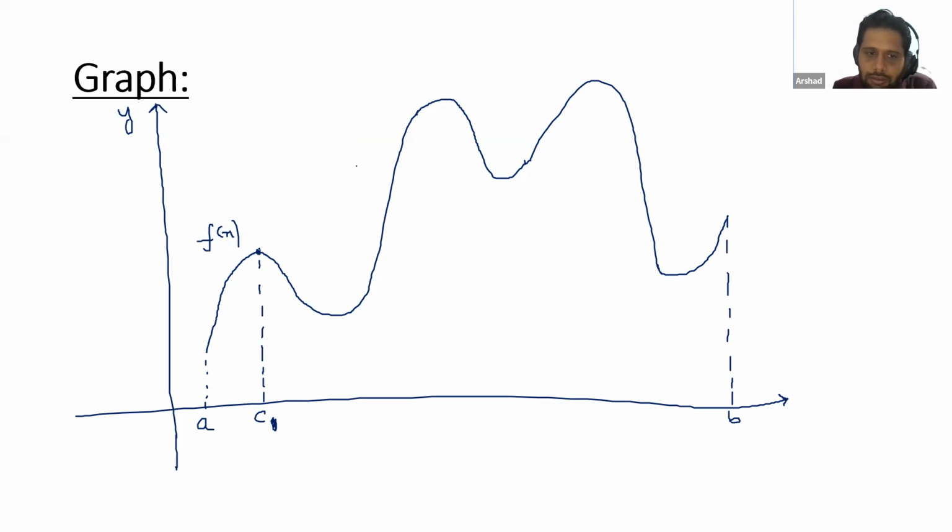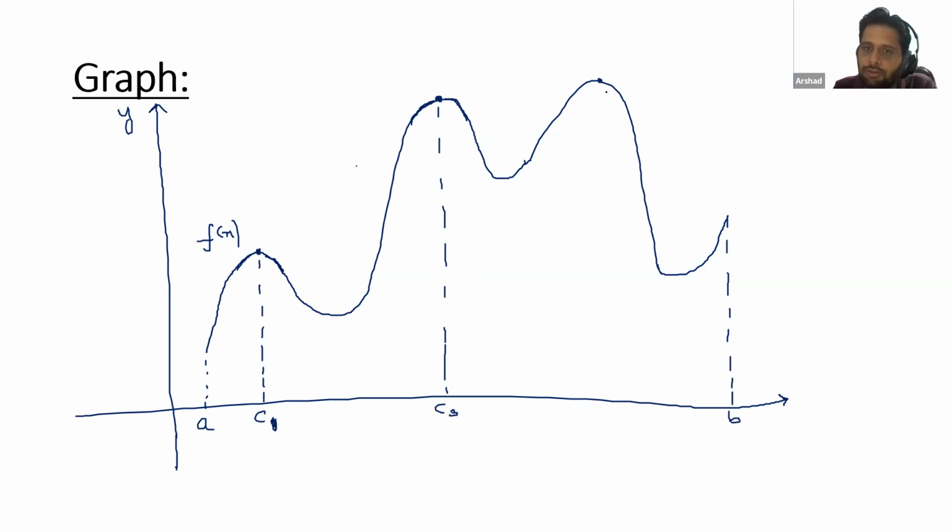Here, if we check, then at this point the function has a value which is greater than the neighboring points. You can check the neighboring points like this. Similarly, if you analyze this point, let this point be C3, the function has a value greater than the neighboring points.